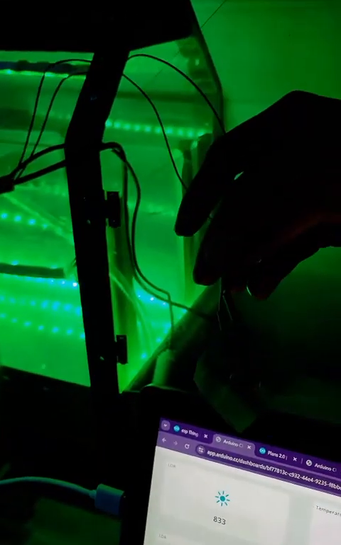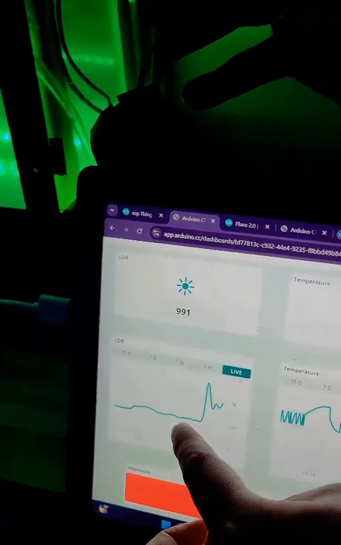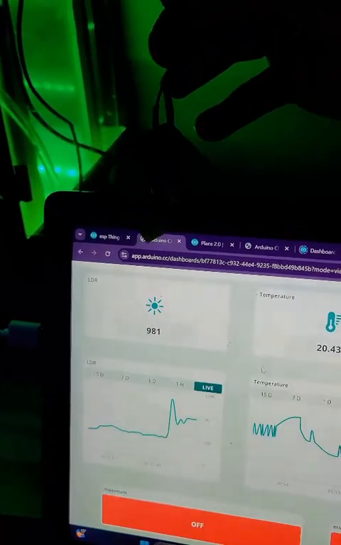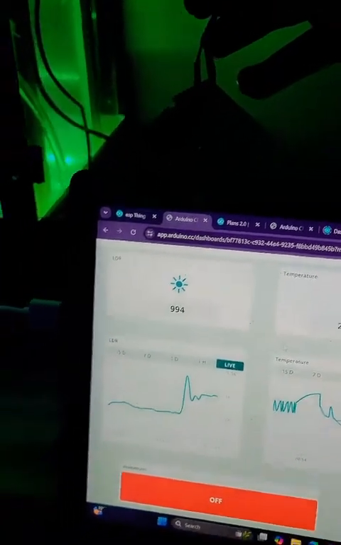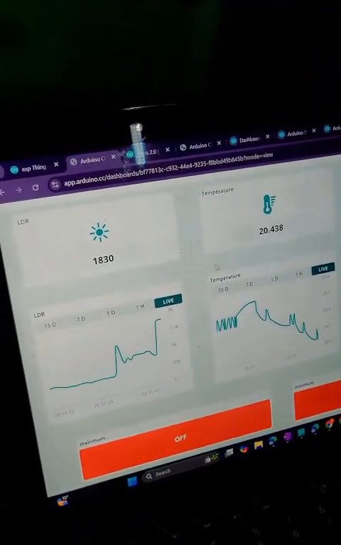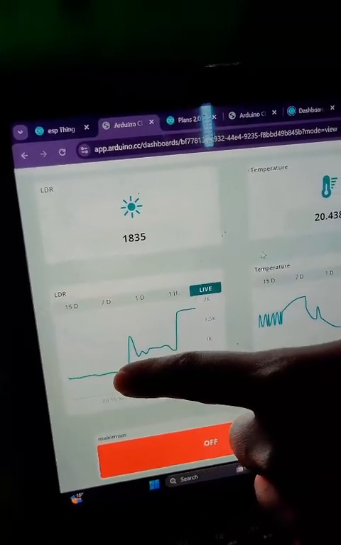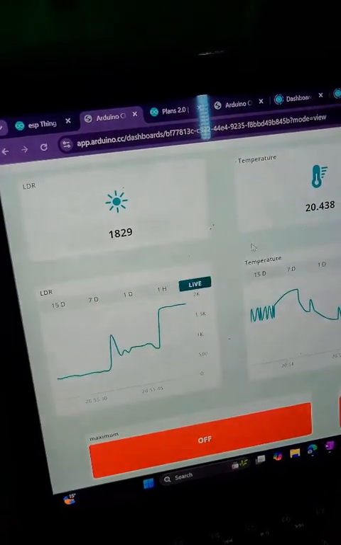If I put more light to it, it goes from 800 and it goes higher. You see how the data goes up? It's now at 900, sorry, and now it's about 1,700, 1,800. So the data, as you can see, it goes from low to high.